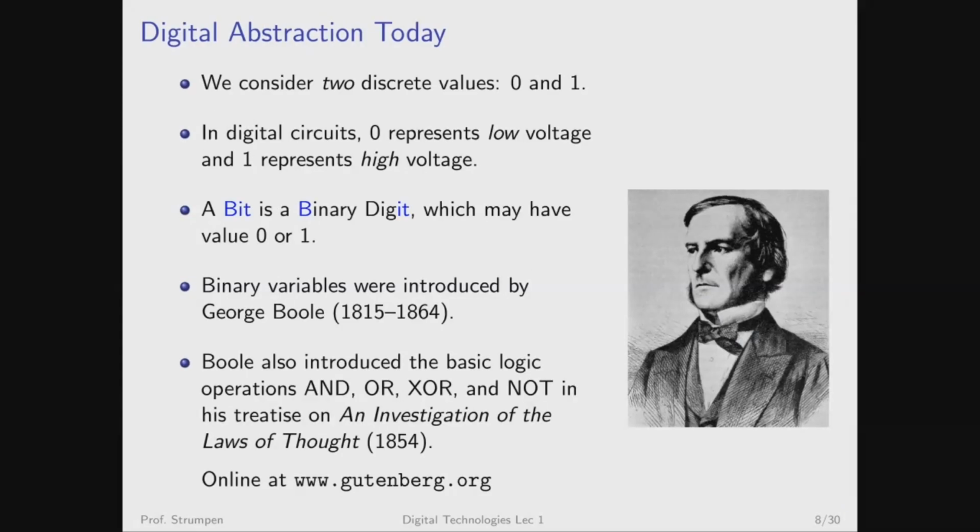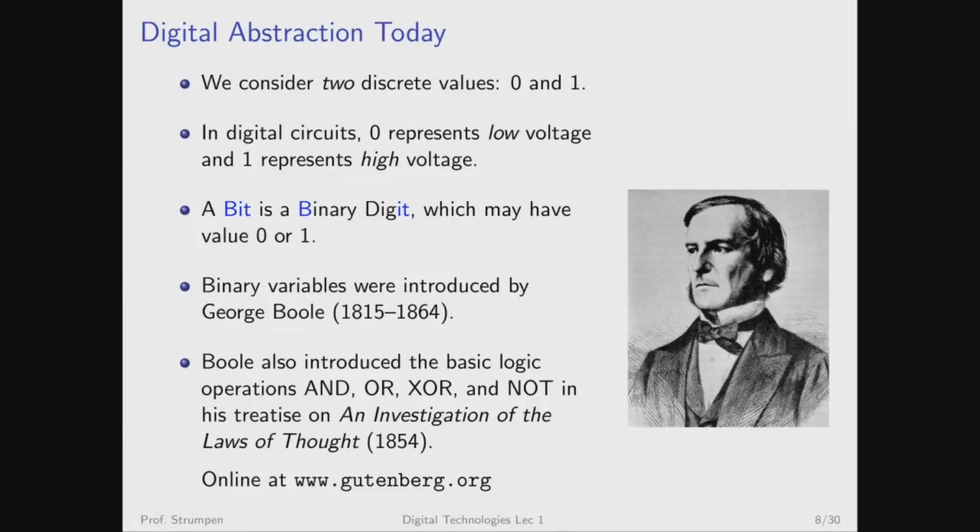So today, we consider digital abstraction to work with just two discrete values, unlike the 10 that Babbage used at his time, namely the two discrete values 0 and 1. In a digital circuit, 0 is typically represented by a low voltage and 1 is represented by a high voltage.